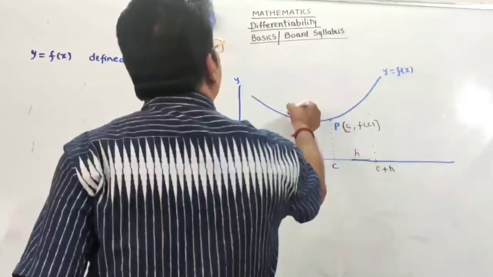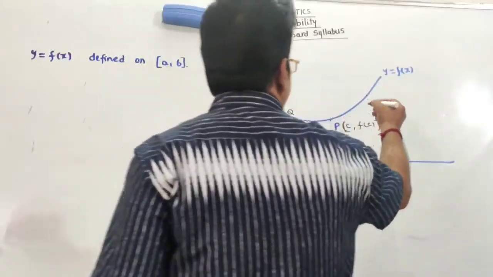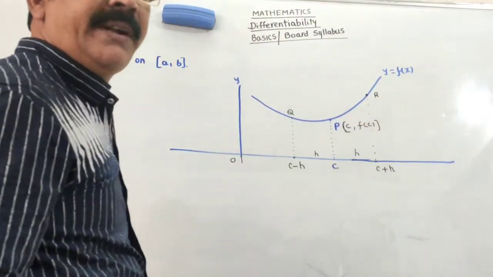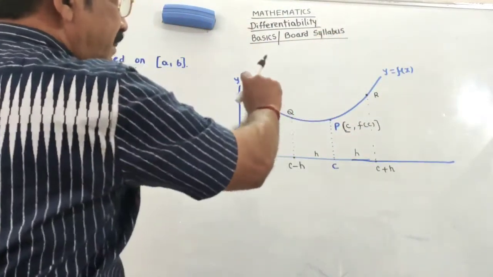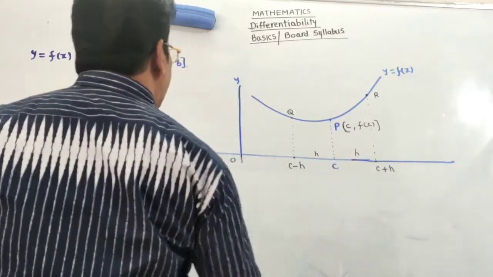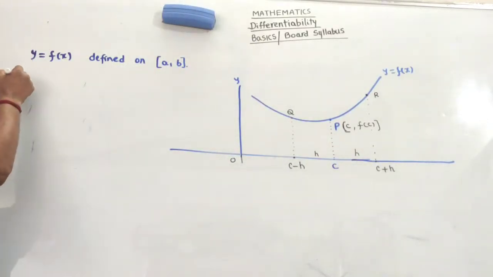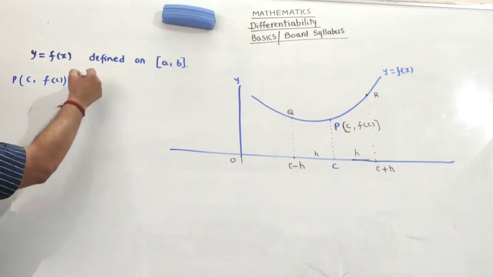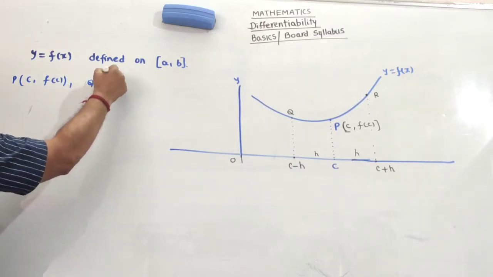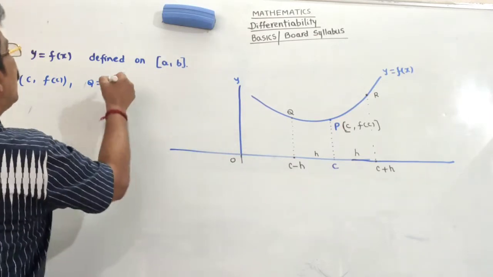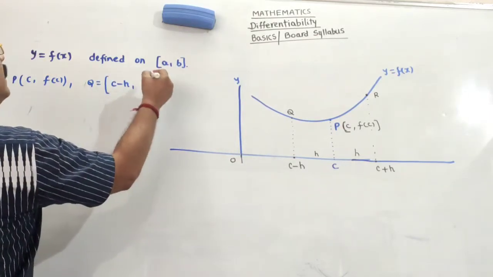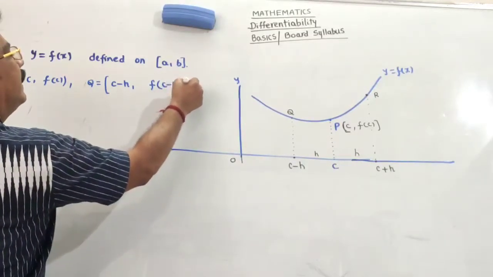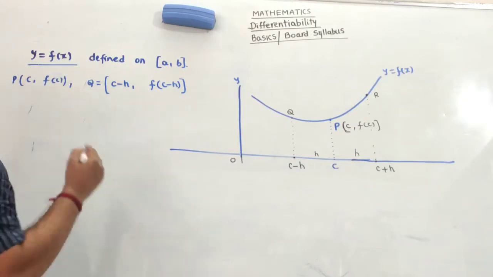Let capital Q and capital R be the neighboring points of P on the same curve. Then capital P is c comma f of c, capital Q has x coordinate c minus h and y coordinate f of c minus h, very clearly, because the function is y is equal to f of x.